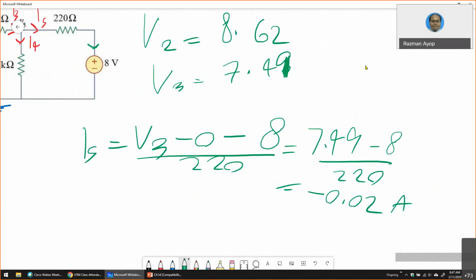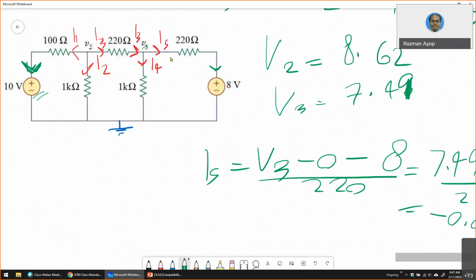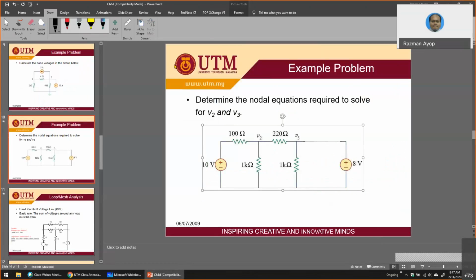So negative means that the direction of the current is inverted. So I5 is basically negative 0.02. So you have to make sure that the meaning of the negative is the opposite direction. Okay, I think that's it for nodal analysis.